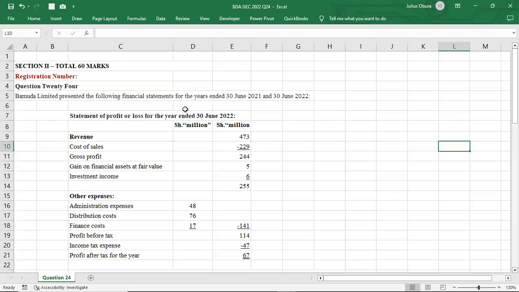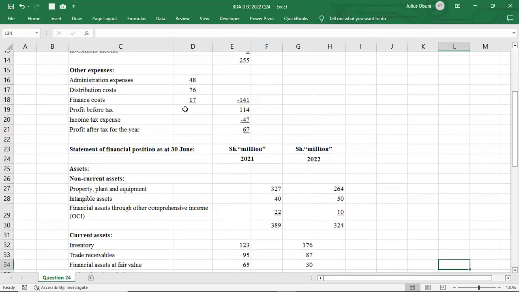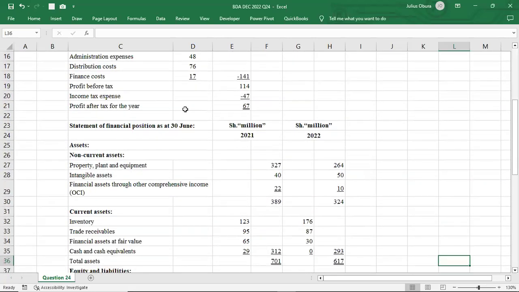We have the statement of profit or loss for the year ended 30th June 2022, with the line items for the income statement. We are given the statement of financial position as at 30th of June 2021 and 2022.